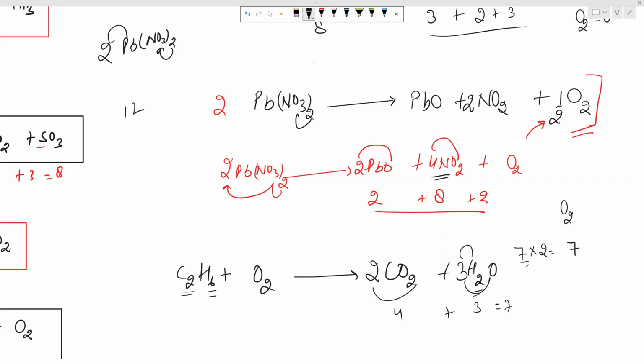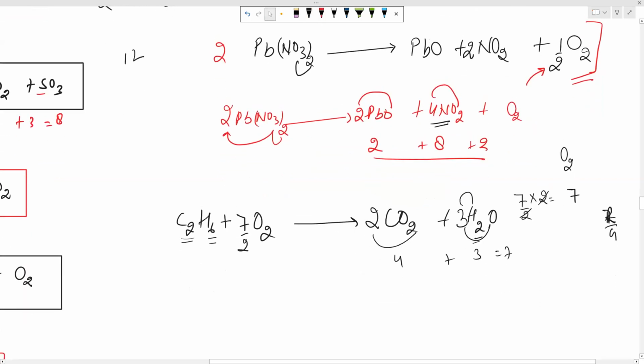It should be 7 by 2, required upon whatever is given. So you have to multiply by 7 by 2. This 2 will cancel out. Now it is balanced. Again, you have to multiply this whole equation by 2 so that this 2 will cancel out. So you'll get 2C2H6.